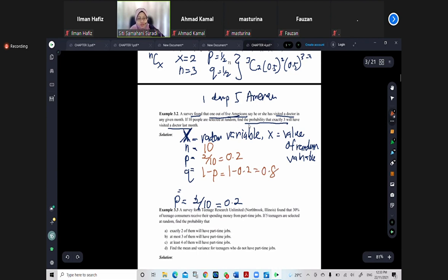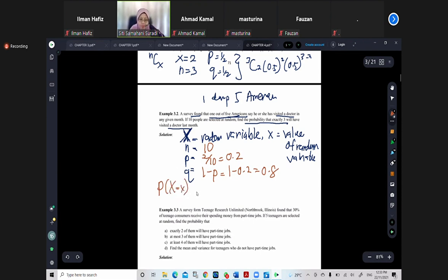They ask you to find the probability that exactly 3 will have visited a doctor. So you need to find P of 3 who visit a doctor, meaning 3 Americans. They ask you P(X = x) with small x.